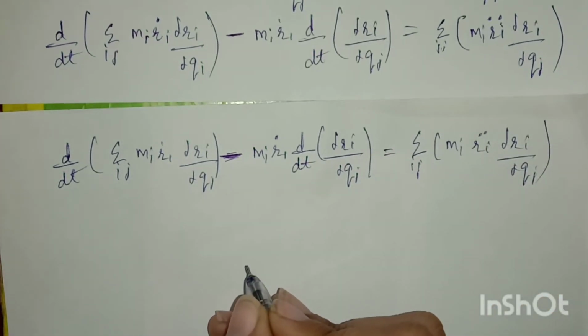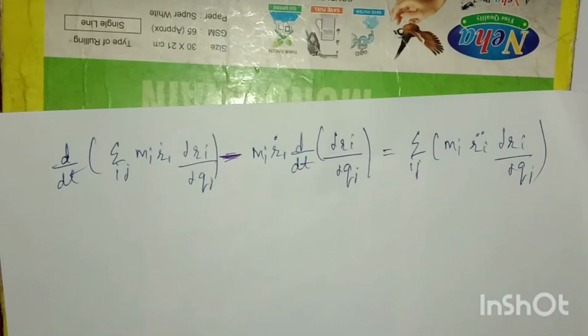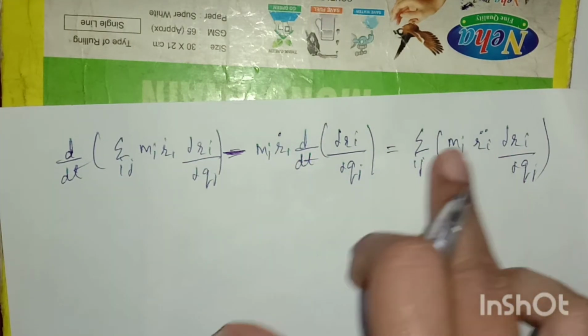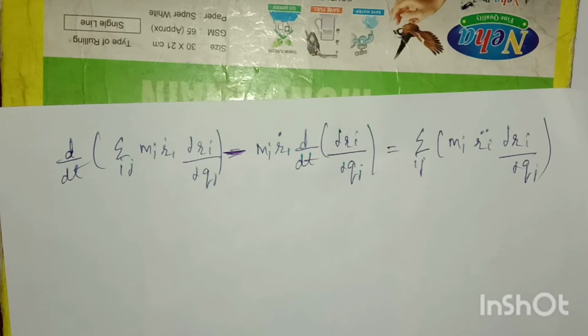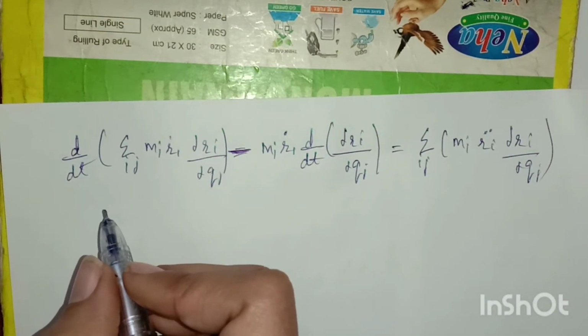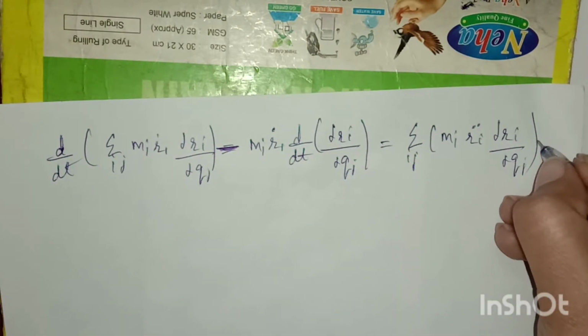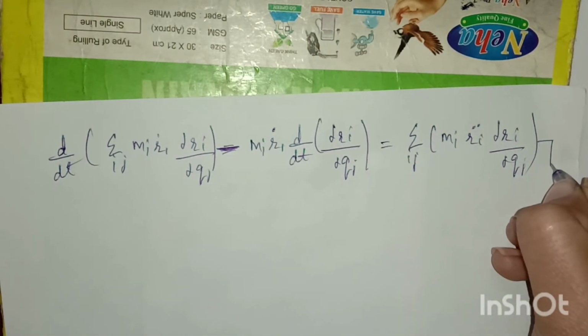Now we have to put this value in place of this equation. This is our equation number 6.